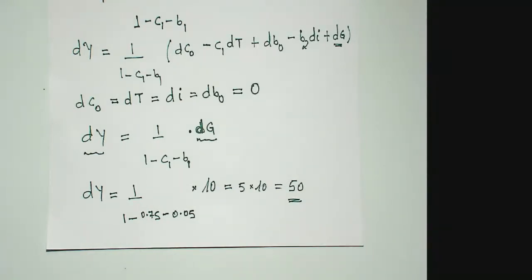So we are saying that if government expenditure increased by 10 units, our income would be increasing by 50 units, which is in other words saying that the IS curve would shift by 50 units to the right.